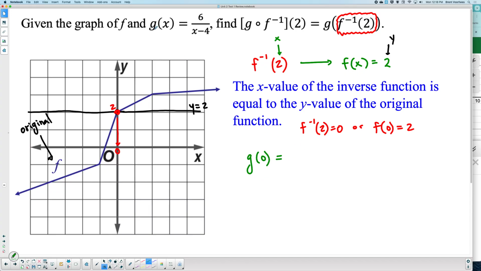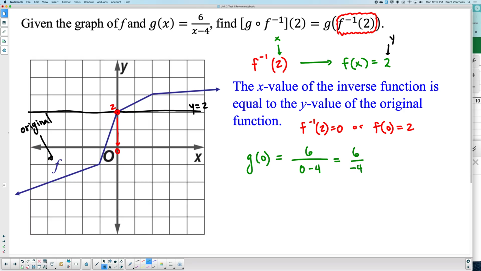So g of 0, you would take this equation. If I'm plugging in a 0 here, I plug in a 0 there as well. 0 minus 4. Okay. What is 0 minus 4? 6 over negative 4.